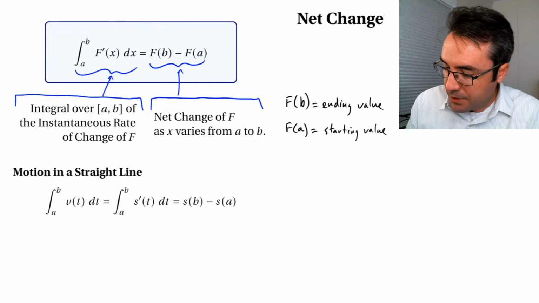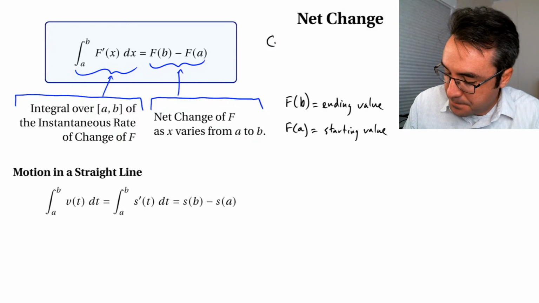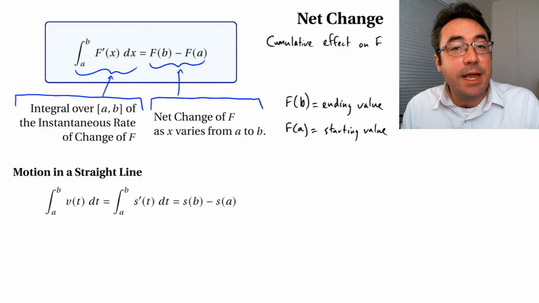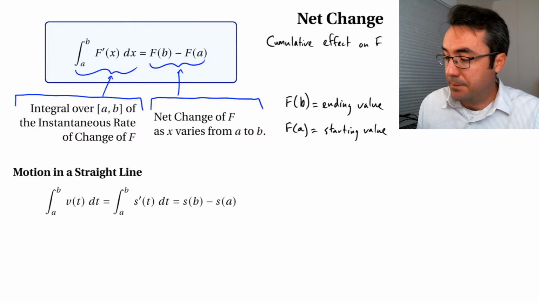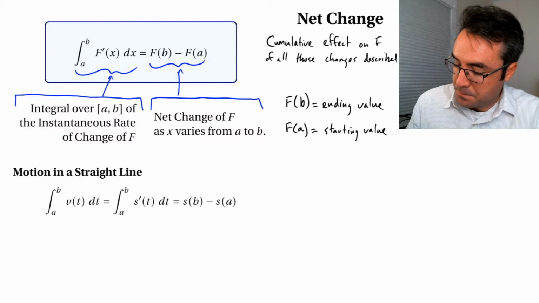And so the integral here is really describing the cumulative effect on our function f of all those little changes described by f prime, on that interval from a to b.